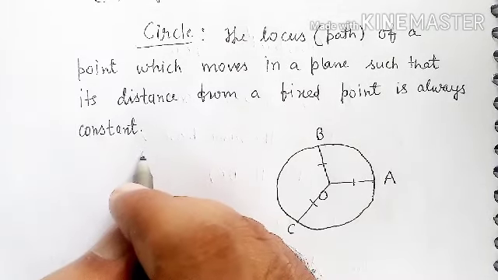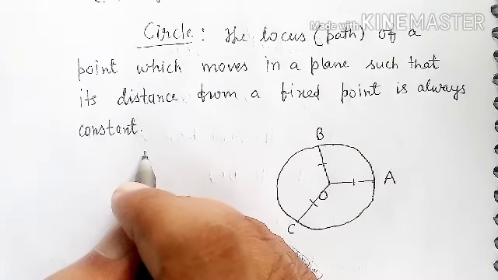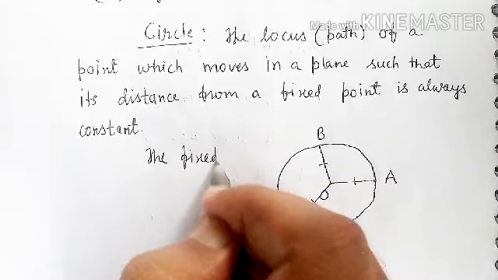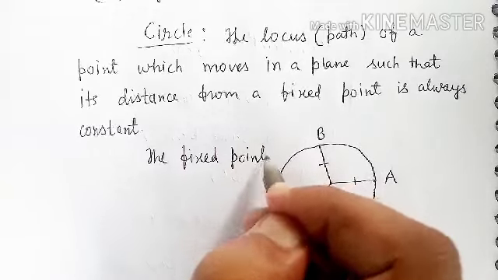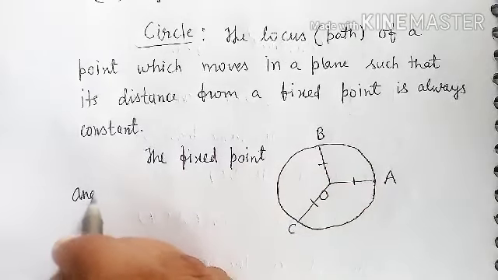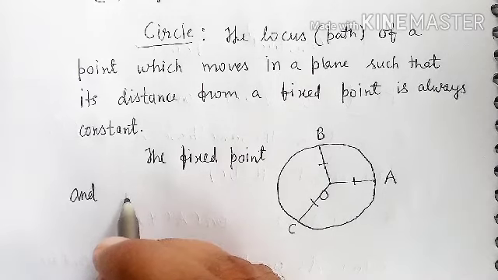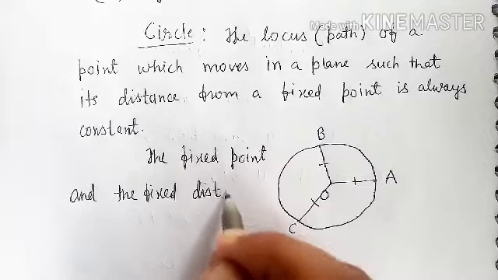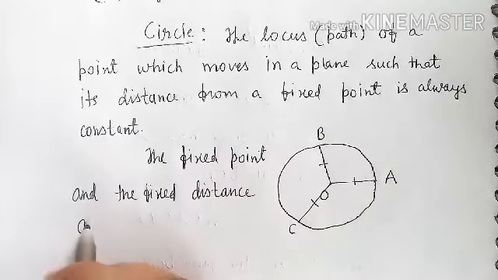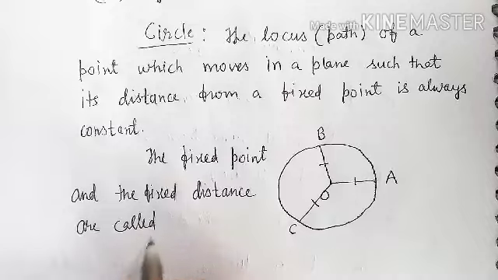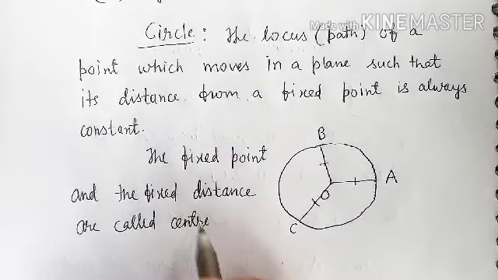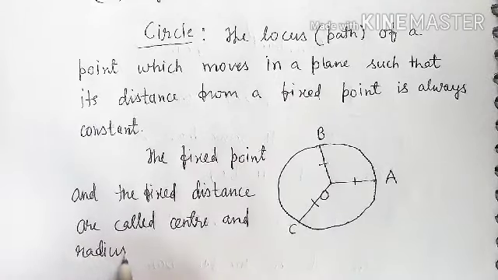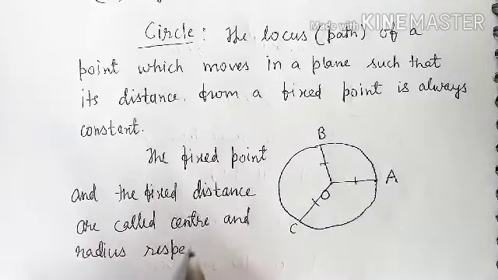Further, the fixed point and the fixed distance are called center and radius respectively.